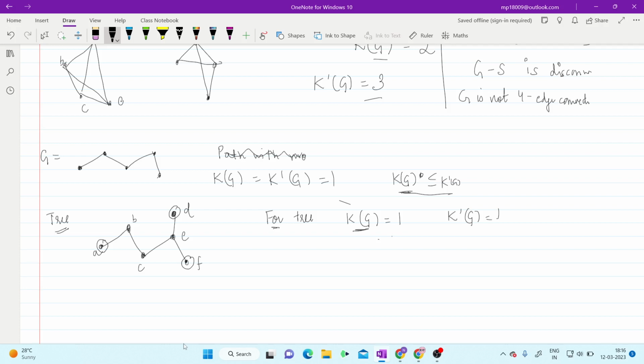Yes, that is right. Basically you are saying a connected graph with a bridge has edge connectivity 1.